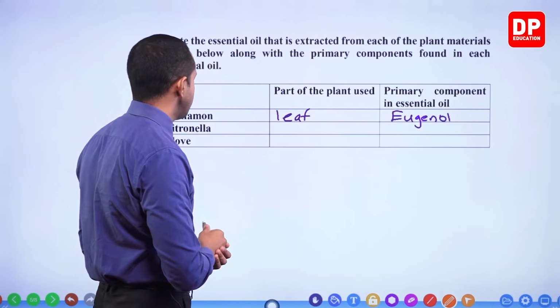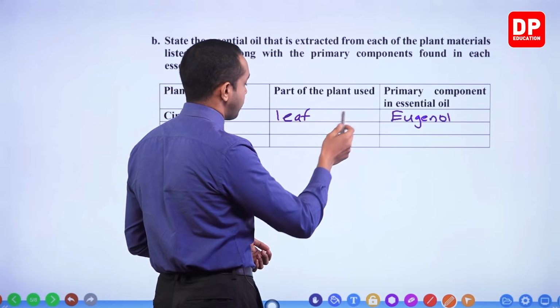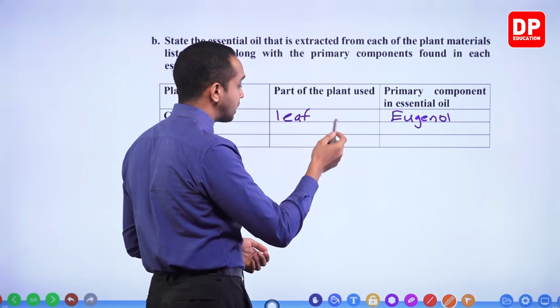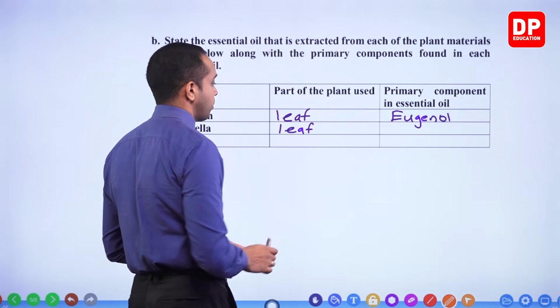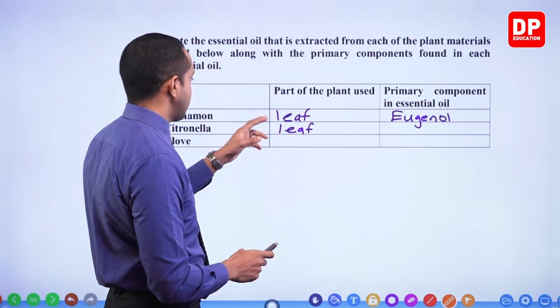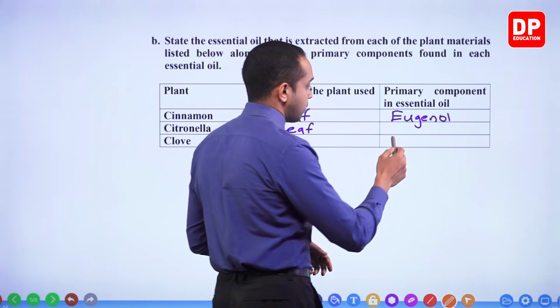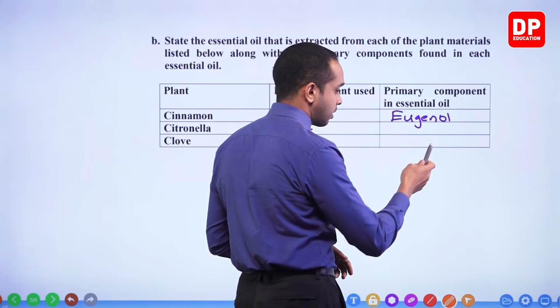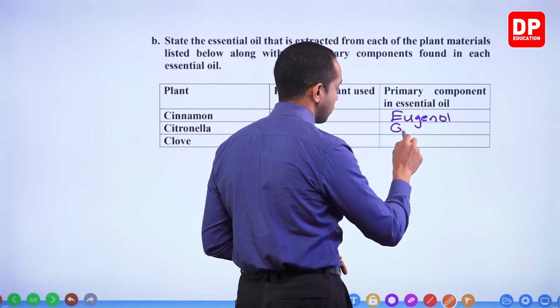Citronella. For citronella, we can take the leaf of the Pangiri plant, and again the leaf is used for the extraction, and the main component of citronella oil is going to be geraniol.